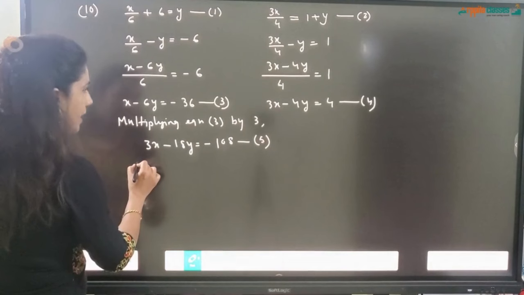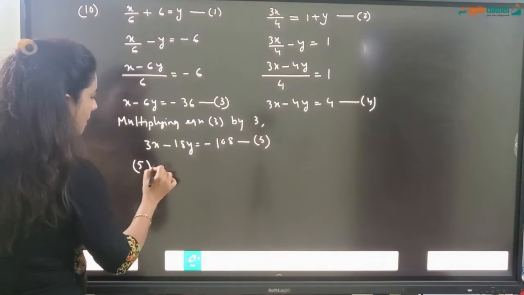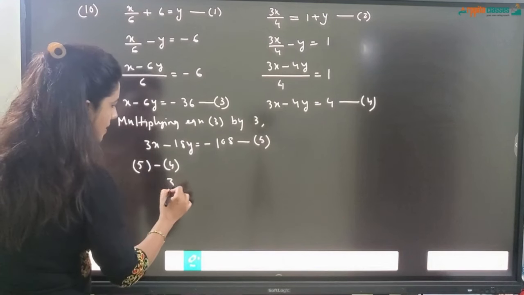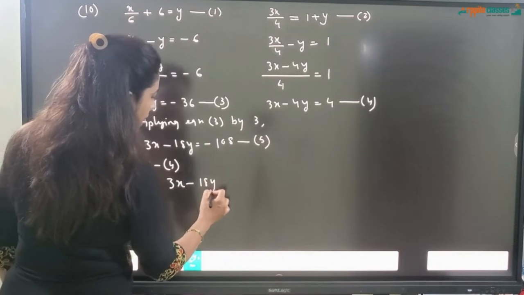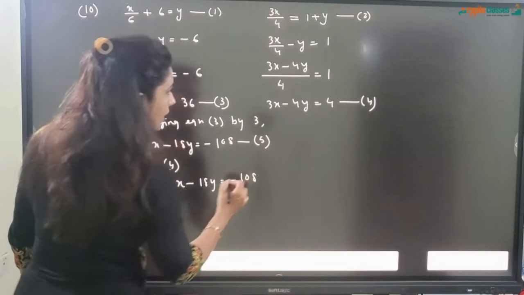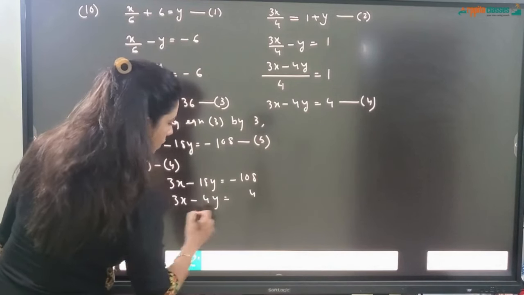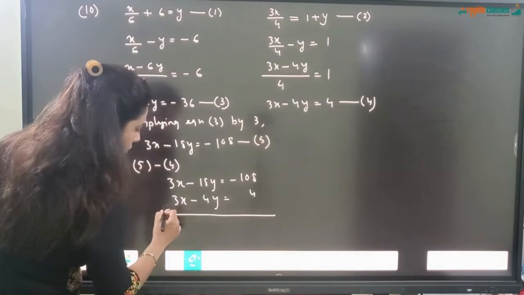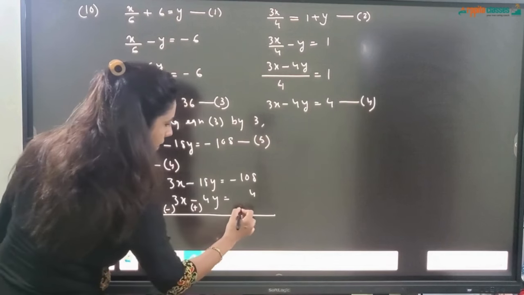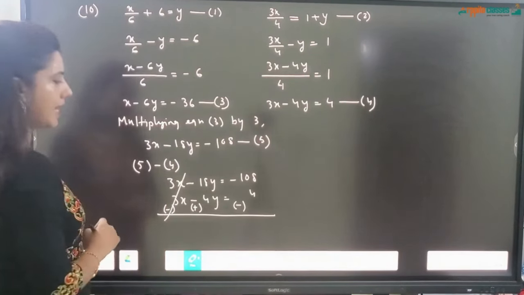Okay, so now I am writing in short 5 minus 4. So 5 is 3x minus 18y is equal to minus 108, and this is 3x minus 4y is equal to 4. So while subtracting, we'll change all the signs. This is minus, this is positive, and this is also minus. This gets cancelled.